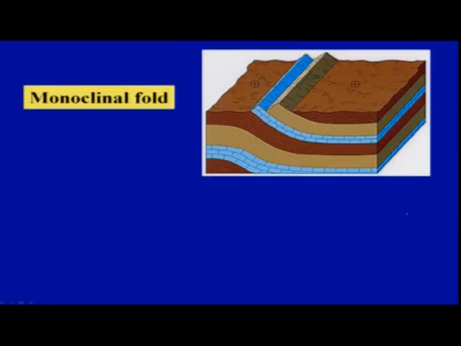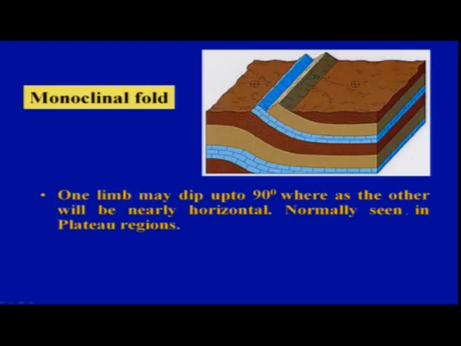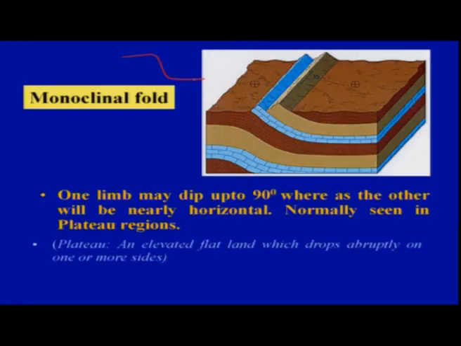In a monoclinal fold, only one limb is folded and another is almost horizontal, or one limb will be inclined. This is an example of a monoclinal fold where one limb may dip up to 90 degrees, something like this here, and the other limb remains almost horizontal. A plateau and elevated land is an example we can see in some areas, where an elevated land drops abruptly on one side.